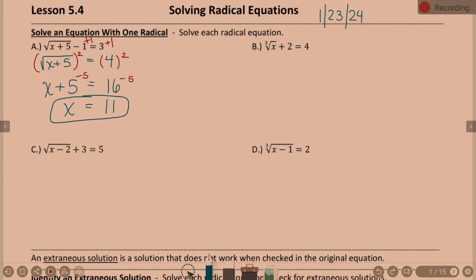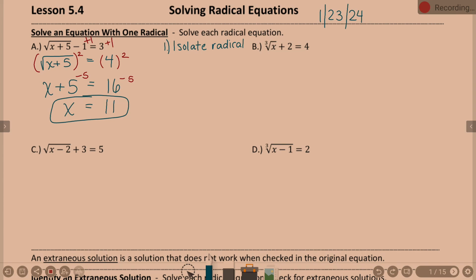Now, in terms of steps, your first job is going to be to isolate whatever type of radical you have. If I write some steps here, the first step is going to be to isolate the radical. So get that square root, that cube root, that fourth root, whatever it is, by itself.